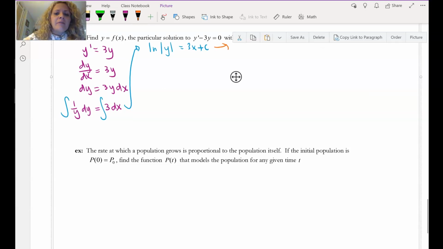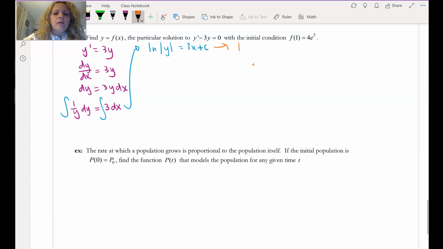So I'm going to have the natural log of the absolute value of 4e to the 5th. Well, I know that's a positive number, so I could really drop the absolute value there, equals 3 times 1 plus c. So we're going to get the natural log of 4e to the 5th minus 3 equal to c.